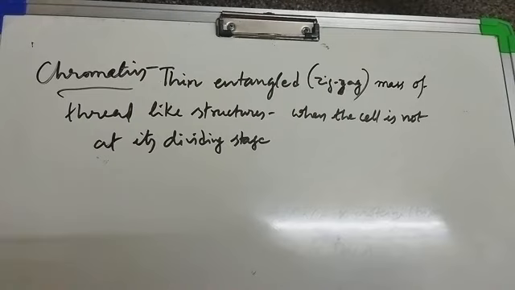During gamete formation, specialized cells called gamete mother cells undergo a reductional type of division in which the cell divides into four daughter cells.